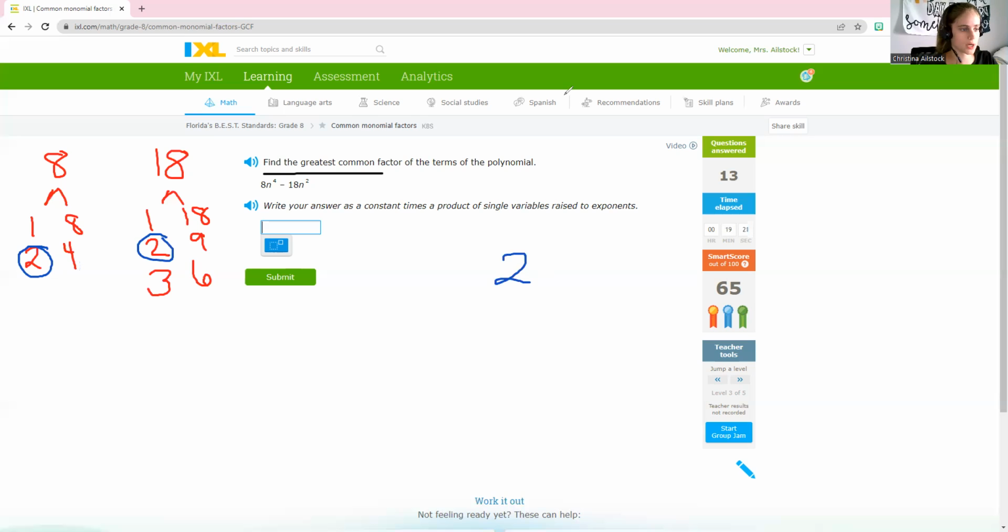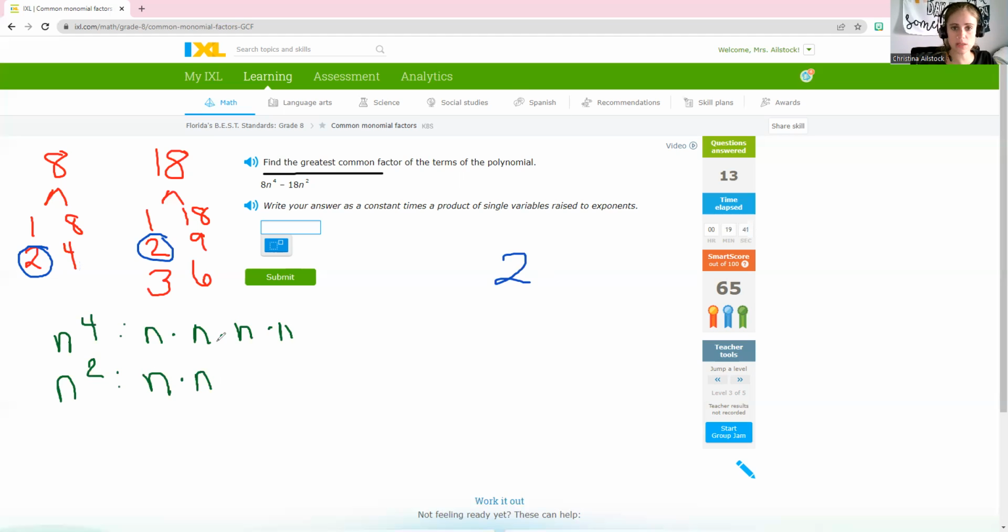Now check out our variables. We have n to the 4th and n squared. So if you need to list them out, that's totally fine. We have expanded form, we're multiplying 4 n's. And then for the second one, expanded form, we're multiplying 2.